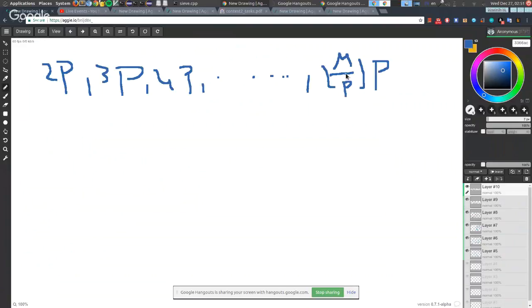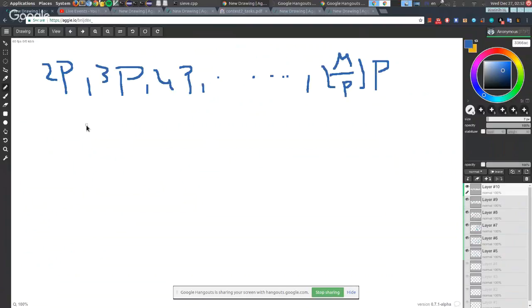So this is a flooring after we divide m by p. So we notice that if we increase this number by 1, then for sure this product will be greater than m. So that's why we stop here.